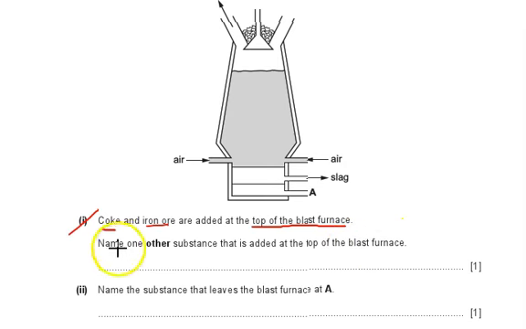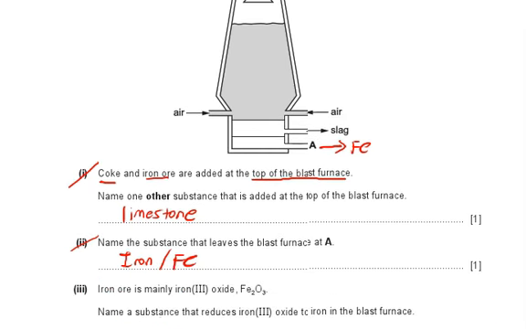So they are missing the limestone. Name the substance that leaves the blast furnace at A. So A is the most bottom. So here you will have iron coming out. Here you will have the iron, or you can put here Fe, ferrum.